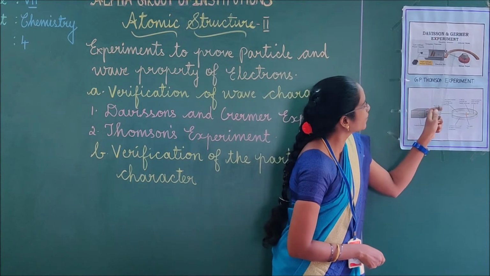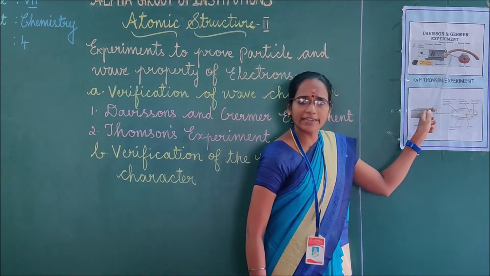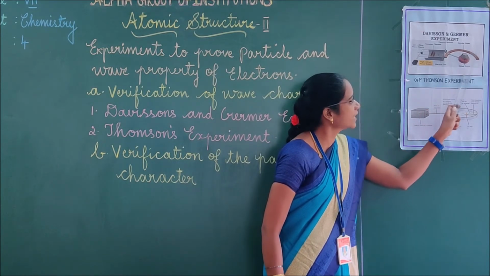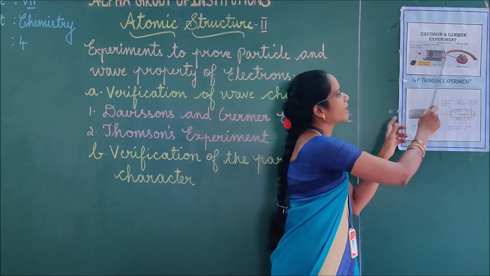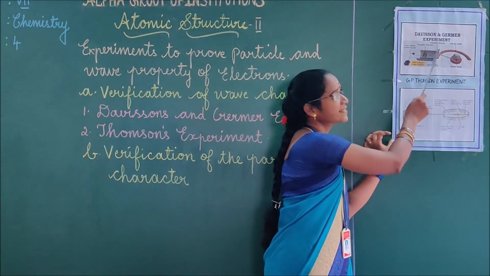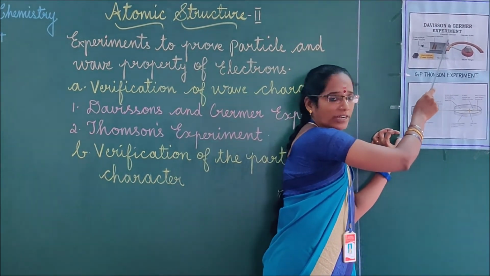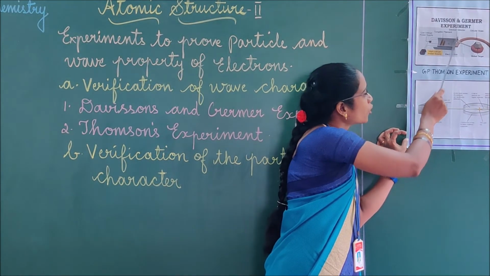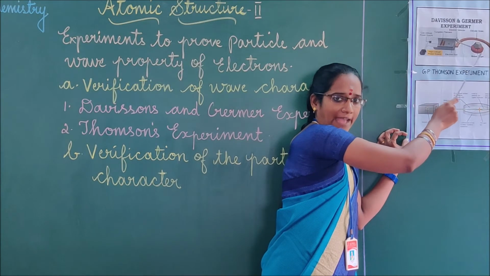Next, this is the electron detector. This electron detector was mounted on an arc, so this is an arc. The electron detector was mounted on an arc so that it can rotate and observe the electrons at different angles.